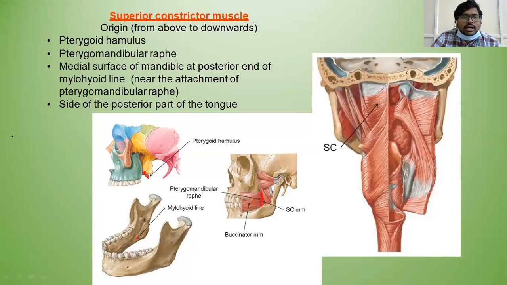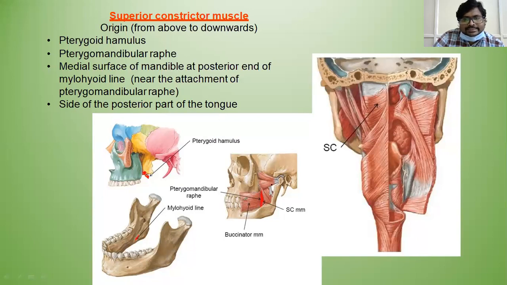So there are 4 origins, that is medial pterygoid, pterygoid hamulus, mylohyoid line, and finally pterygomandibular raphe.